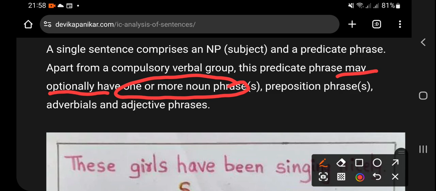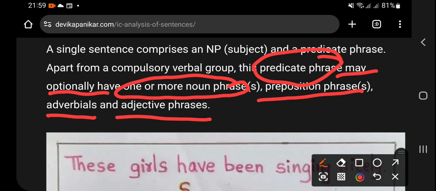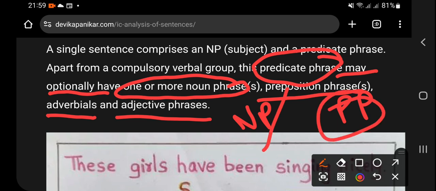So the noun phrase is one part that is separated, but in the predicate phrase also there may be one or more noun phrases, then a prepositional phrase, adverbial phrase, and adjectival or adjective phrases. Okay.